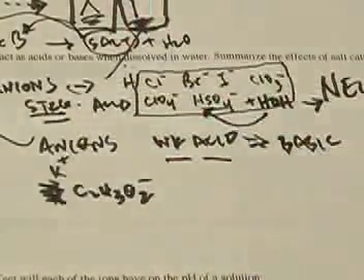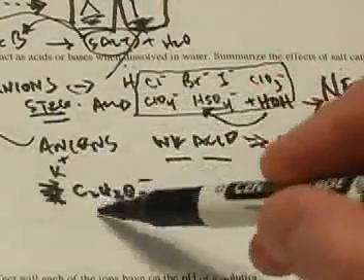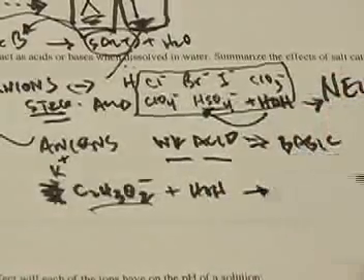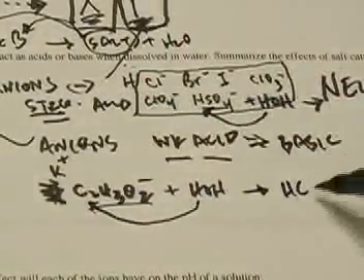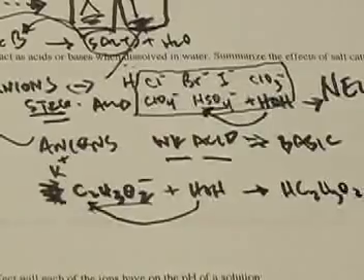Okay, then if it was, for instance, potassium acetate, when the salt breaks up, you get some potassium ions and some acetate ions. Well, acetate ions in water are from a weak acid, and so it will accept a hydrogen atom, and it will form HC2H3O2 and some OH minus ions right here.